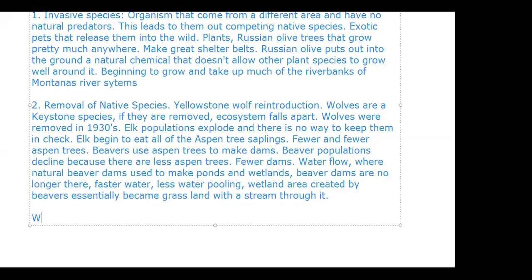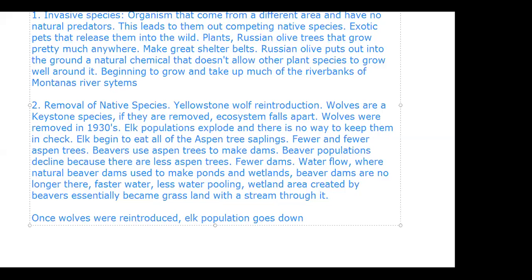So once wolves were reintroduced, what do you think we saw? What happened to the elk? There were fewer of them. Yep, elk population goes down, okay? But it doesn't go down to a bad level, okay?